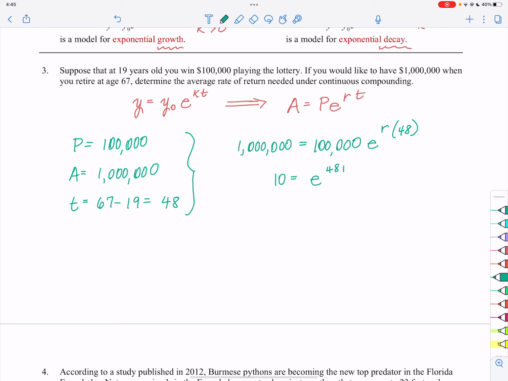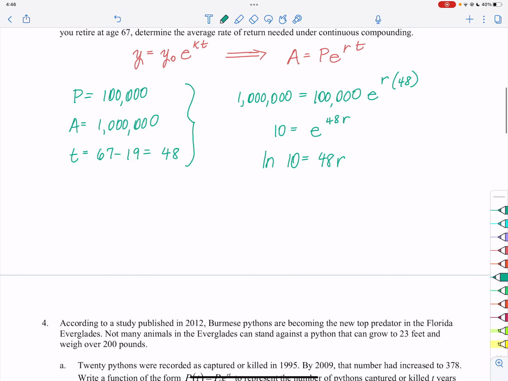So we have 10 equals e to the 48r. Let's go into logarithmic form. The base of the natural logarithm is e, and so we have the natural log of 10 is equal to 48r. Now keep in mind we're solving for this r.